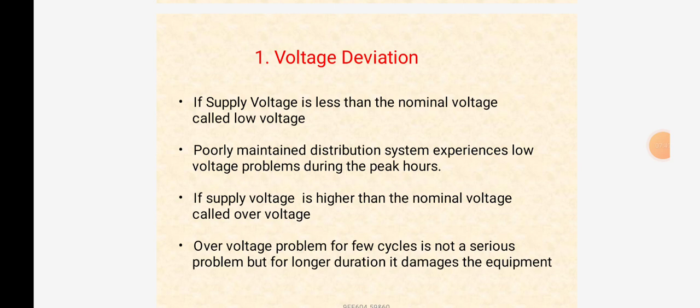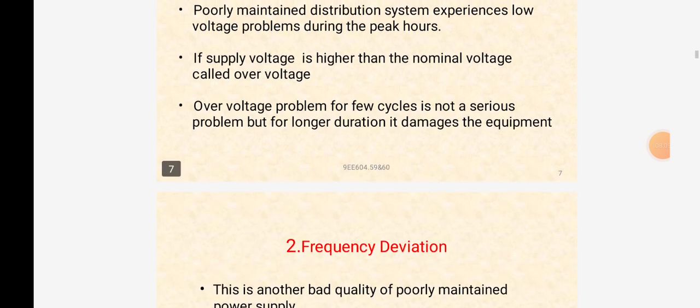And also, if supply voltage is higher than the nominal voltage, it is called over voltage. An over voltage problem for a few cycles is not a serious problem, but for longer duration it damages the equipment.